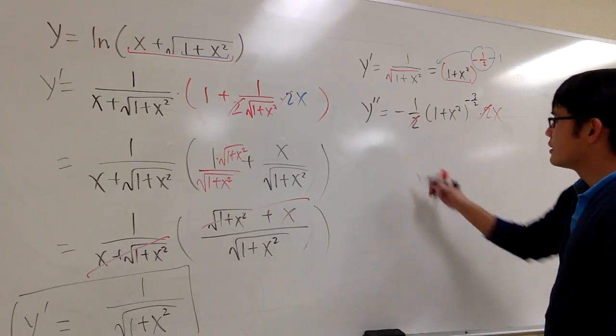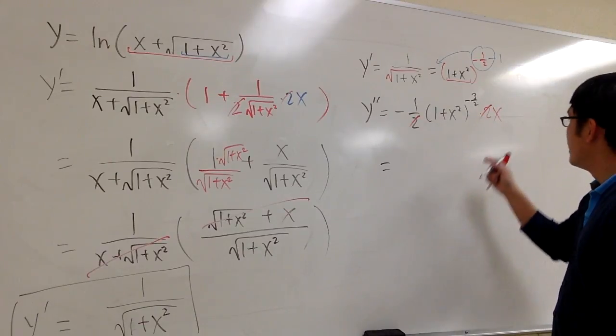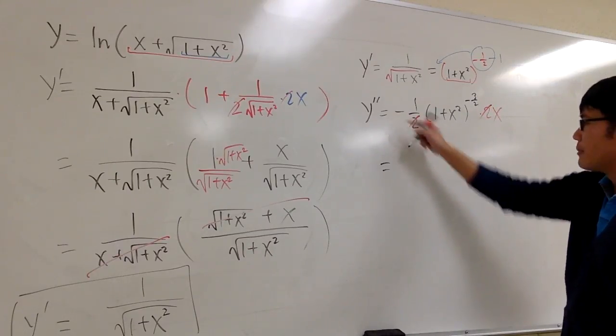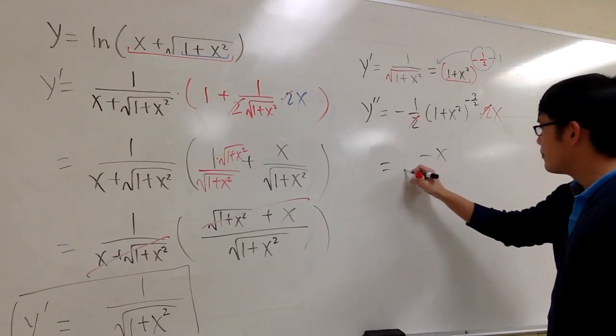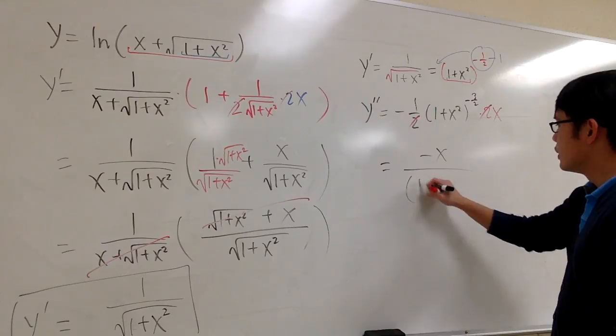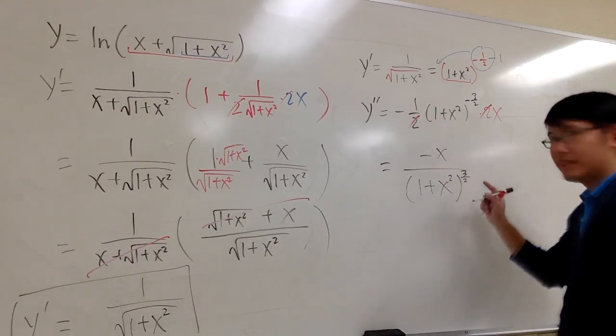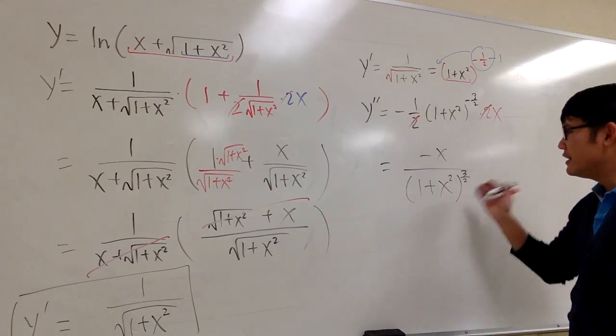The 2's cancel out, and I can bring this down to the denominator. I have an x and a negative on the top. Negative x on the top over this down to the denominator, which is 1 plus x squared raised to the positive 3/2 power. This is okay.